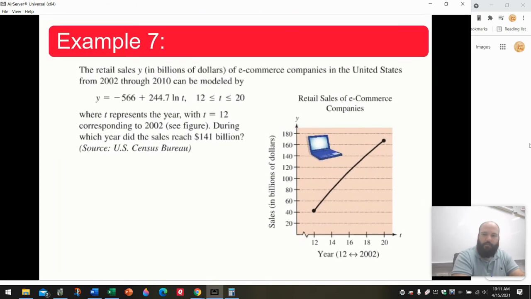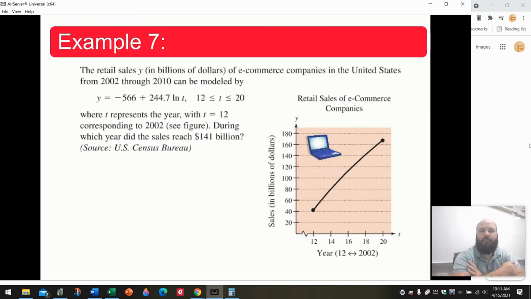Okay, so the next problem I'm going to show you says the retail sales Y in billions of dollars of e-commerce companies in the United States from 2002 to 2010 can be modeled by this equation: Y equals negative 566 plus 244.7 natural log of t, where t is from 12 to 20.